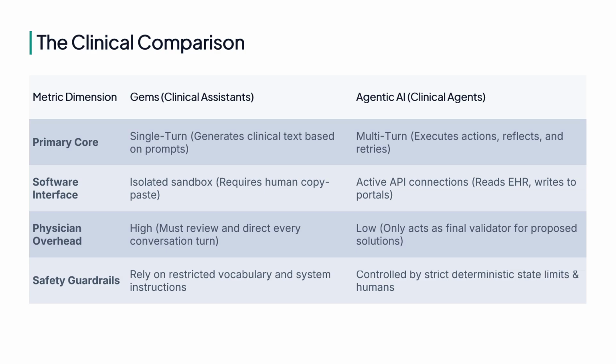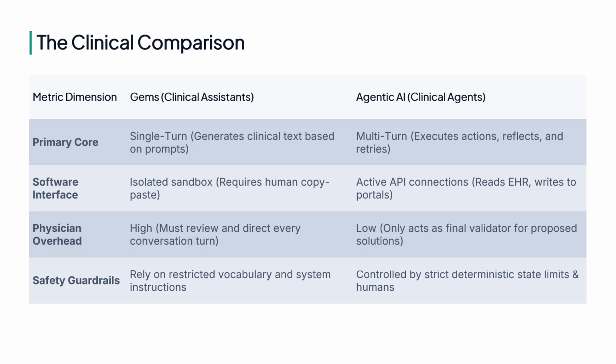For the physician, what is your workload? With gems, of course, there's a lot more workload because you're going to be monitoring every turn, you're going to be interacting with it. With agentic AI, it's very low. So this is where the difference is. If you were to think of this in terms of human in the loop, on the loop, or out of the loop, agentic AI would fall into human out of the loop.